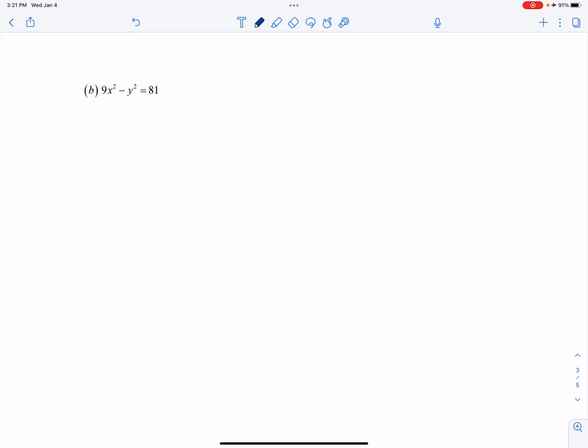9x squared minus y squared equals 81. Well, let's rewrite this. If we divide everybody by 81, then we'll get x squared over 9 minus y squared over 81 equals 1. So this is a squared, this is b squared.